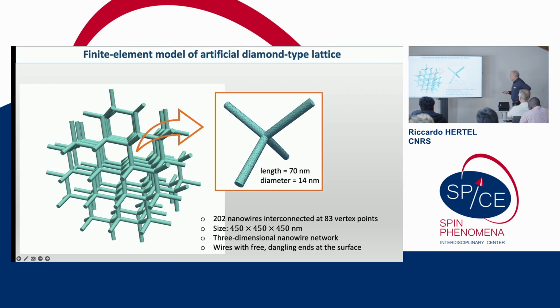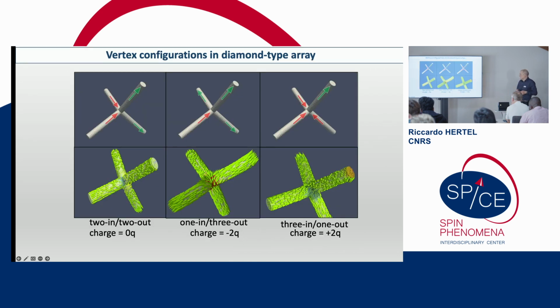And here again, the finite element method allows us to approximate the shape very nicely and to limit the computational region to the magnetic region only. So this is still a rather small sample of just 500 nanometers in size, but it's large enough to study several features that we will investigate there.